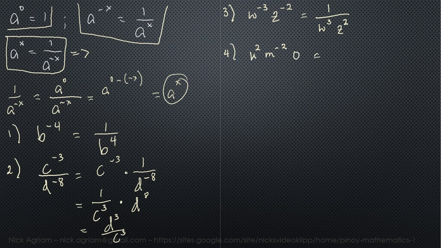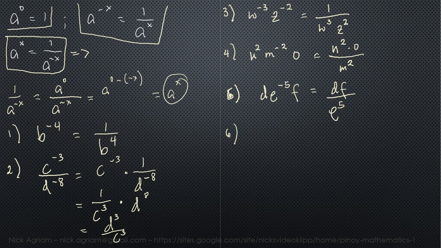That is equal to n squared times o divided by m raised to positive 2. Number 5, we have d, e raised to negative 5, f. Then we have df divided by e raised to positive 5.